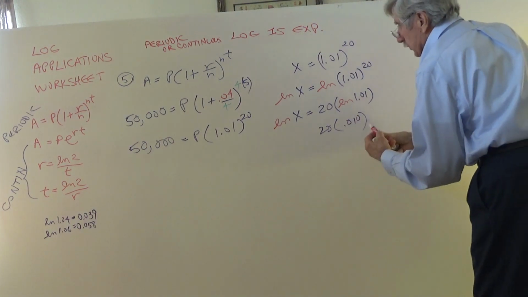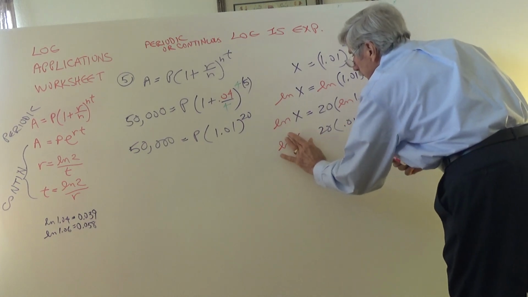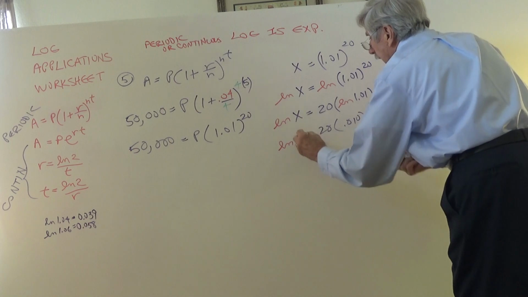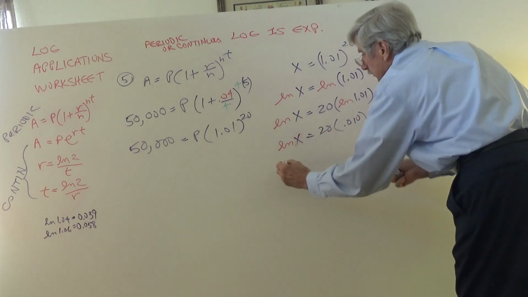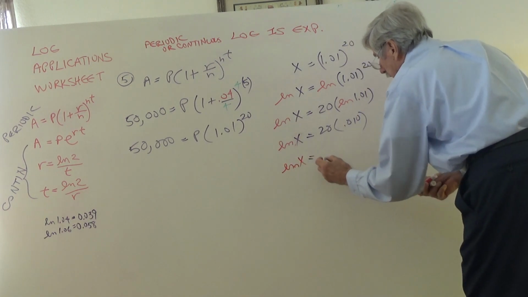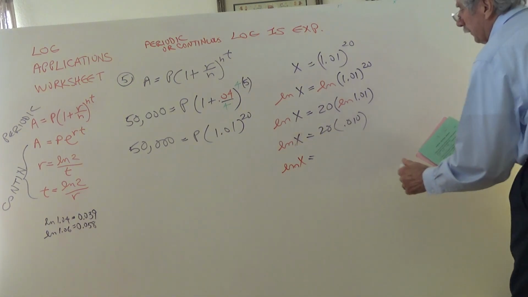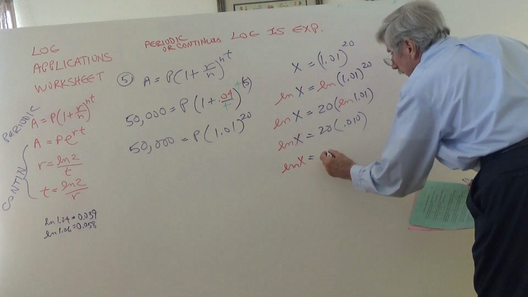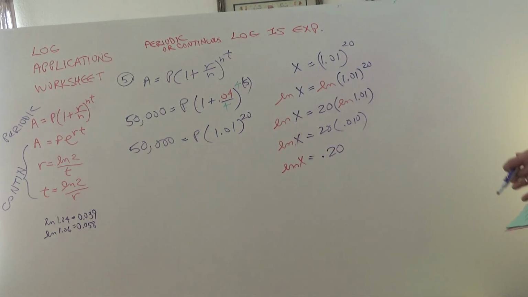And when you multiply that by 20, you should get the natural log of x is equal to, how about 0.20? That sound okay? What we have then is not the natural log of 0.20. We have the natural log of x equals 0.20.